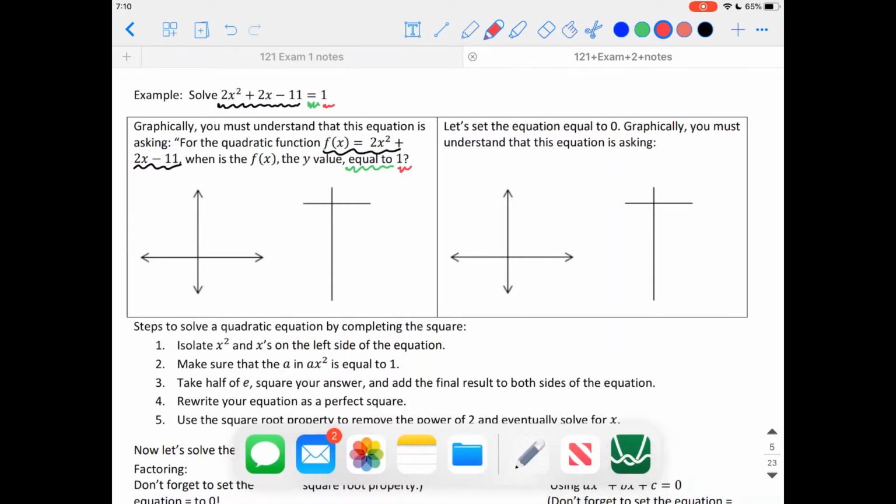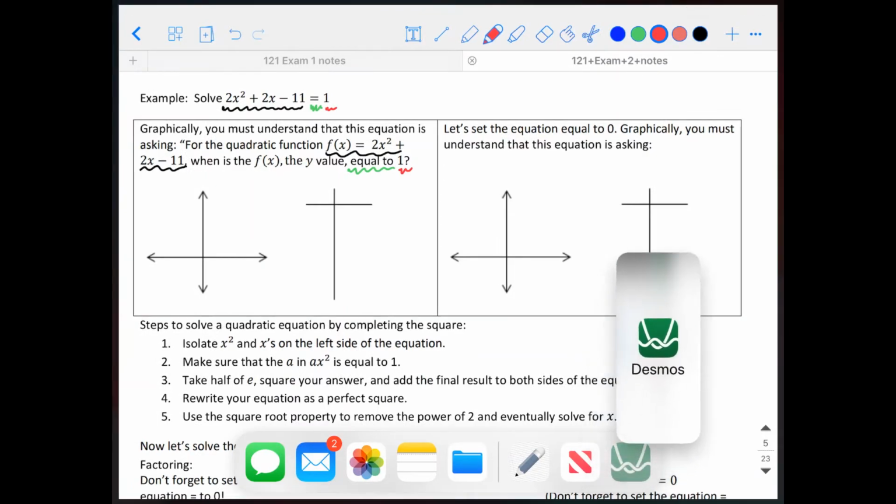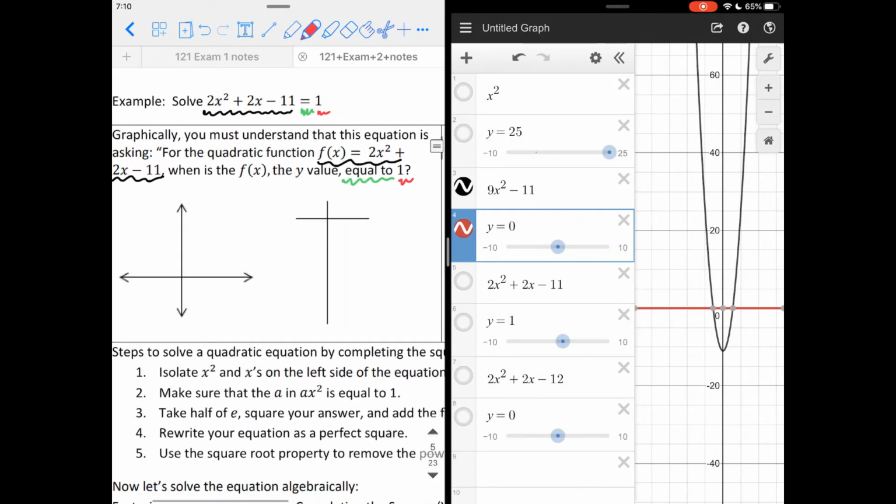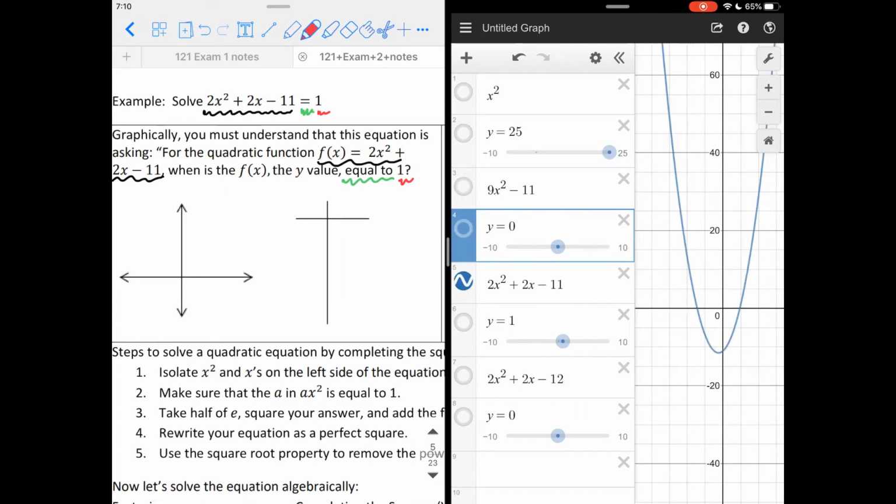All right, so let's go ahead and use our graphing utility here. Let me zoom this in and turn these off. I already typed it in, so there's 2x squared plus 2x minus 11 in blue, and y equal to 1, I'm going to put it here.